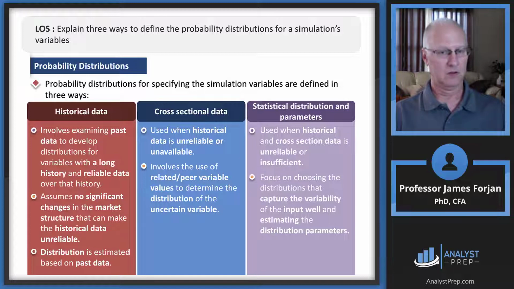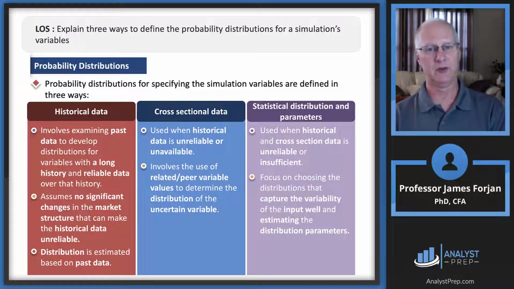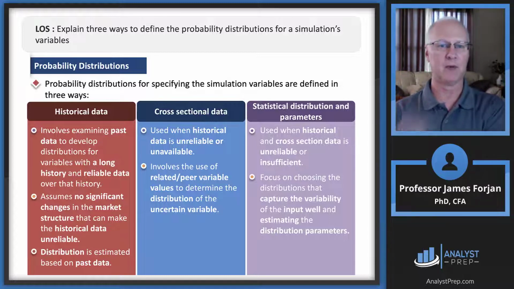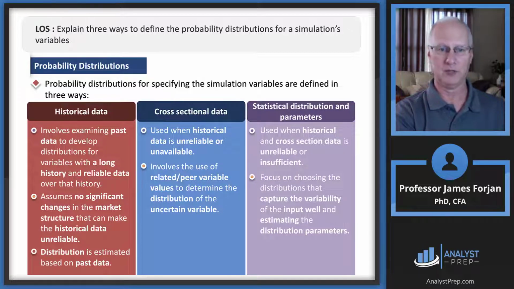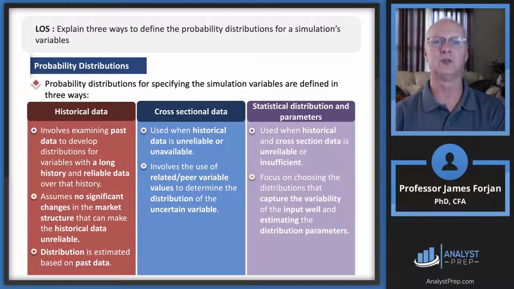Now, the next probability distribution that we can estimate is using cross-sectional data. And so this is a great application for my example. So you think about, we're trying to make this capital budgeting decision for golf carts, and we're using boat data. All right, so there might be correlation, but there might not be substantial correlation. So let's use cross-sectional data.